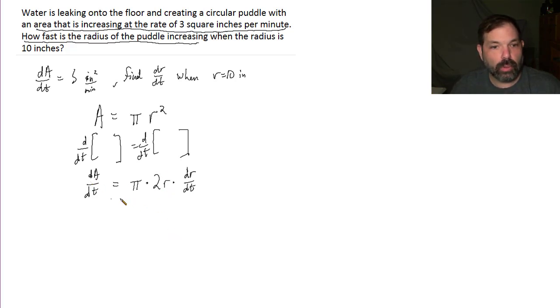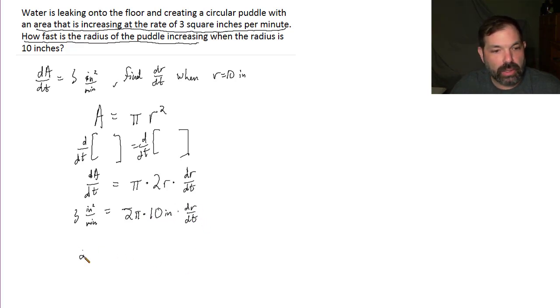Now, look at what we have. We have dA dt here, and I know that value. Pi is constant. 2 times r. We know r. We don't know dr dt. We have all of the pieces of this puzzle except for the one we're trying to solve. That's awesome. We got 3 square inches per minute is equal to 2 pi times 10 inches times dr dt.